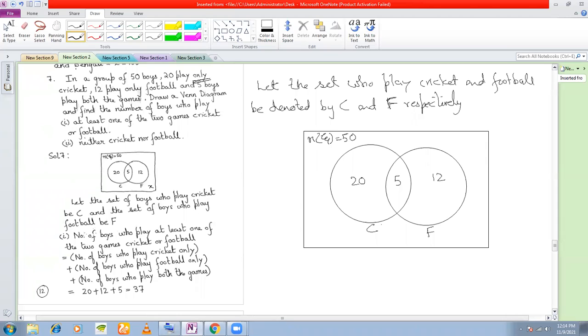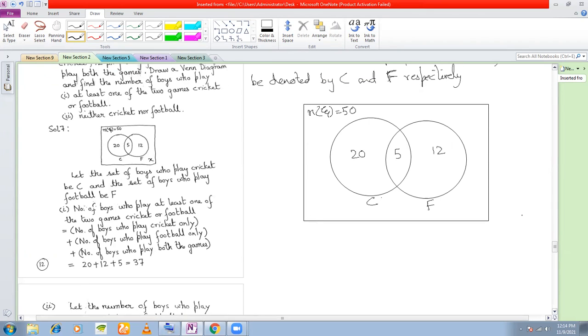And now you need to find the number of boys who play at least one of the games, cricket or football. So how many play cricket or football? Either cricket or football or both. 20 play only cricket, 12 play only football, 5 play cricket and football both. So therefore, number of boys who play at least one of the two games.